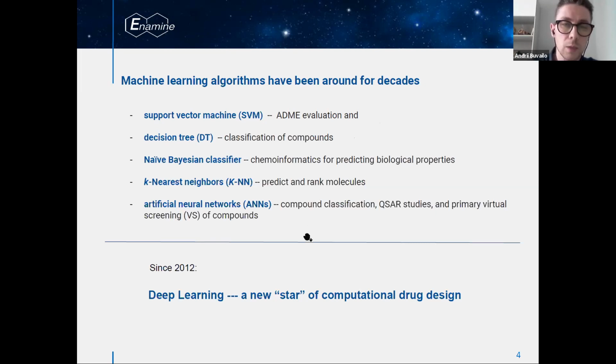But since 2012, there is a growing trend of applying so-called deep learning, which is advertised and widely regarded as a new paradigm-changing tool in computational drug design. So let's try to see why.